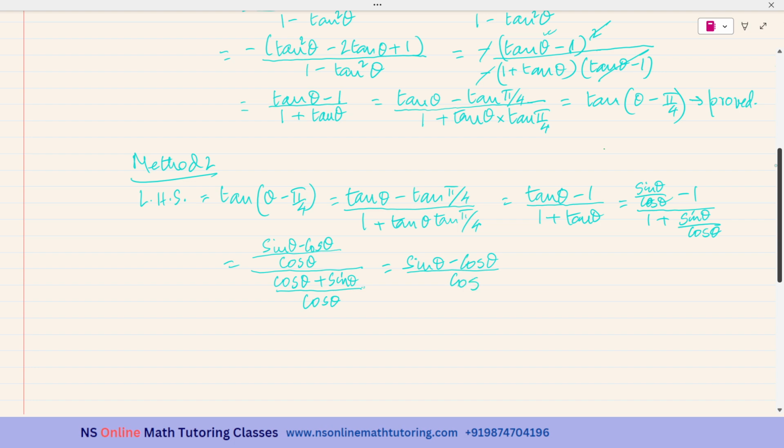and this is getting divided by, so instead of division I am writing multiplication. So it will be cos theta over, and just to maintain the symmetry, since it is sin theta minus cos theta, I am writing sin theta plus cos theta. You can write cos theta plus sin theta also.